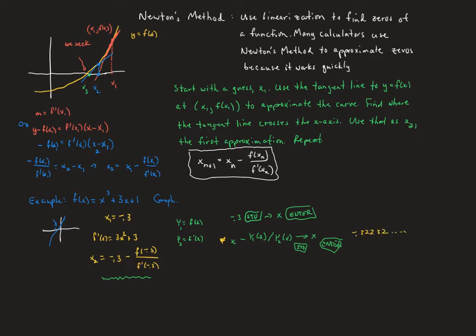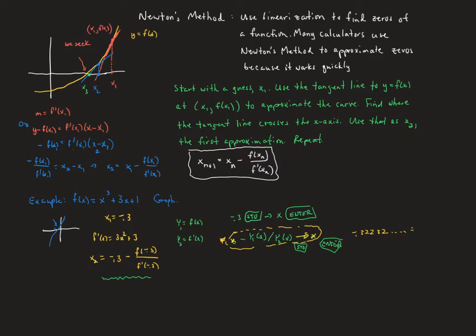Now, if you just hit enter again, the calculator is going to repeat what it just did, but because you stored this as a new x, the value it's using now is our -0.32232. Now you'll need to write down x2 is equal to this.